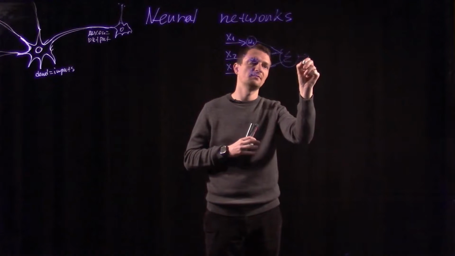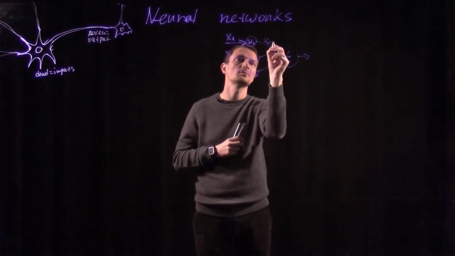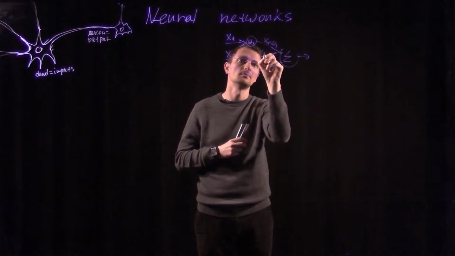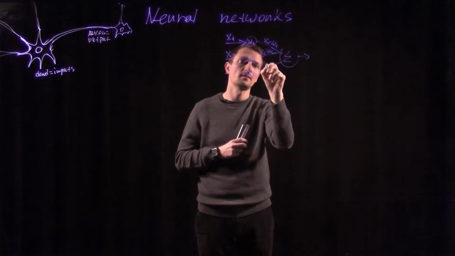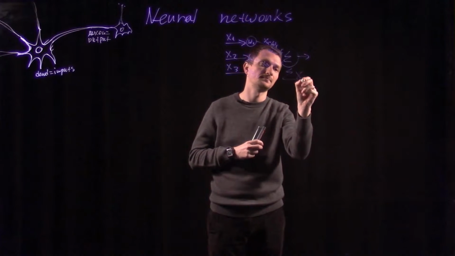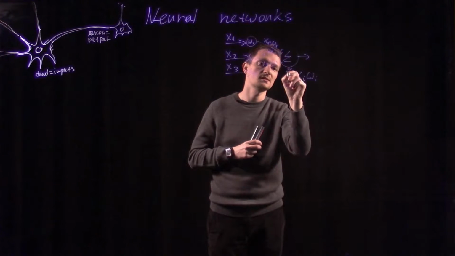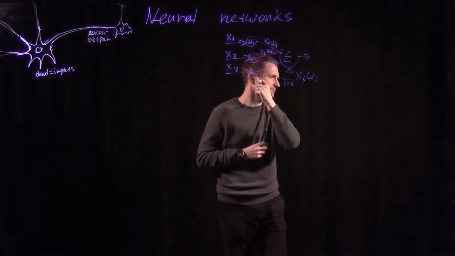By combining, I mean we find the sum of them. We multiply the inputs by the weights, and then we just find the sum of them. In this case it goes up to 3 of them.